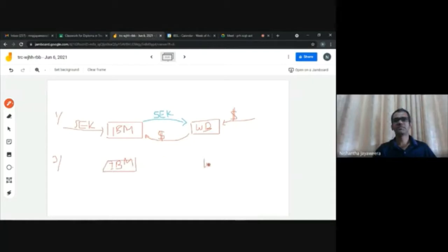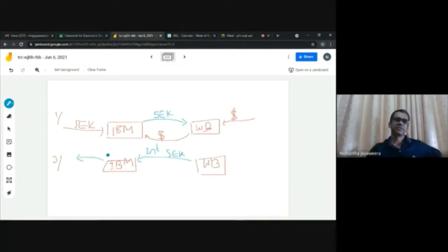The second step is the interim. World Bank pays interest on SEC. Then IBM can pass that to the lender.